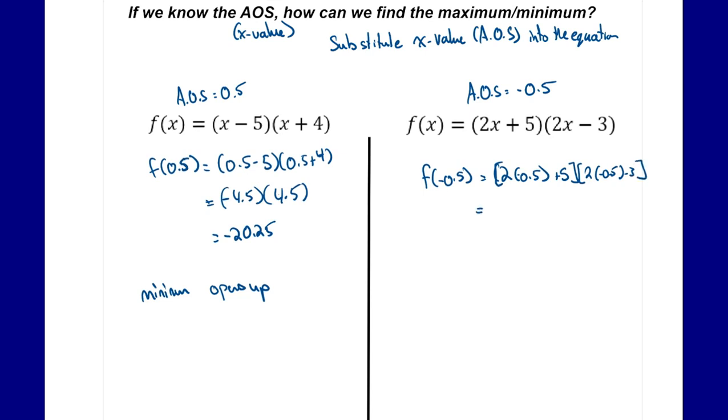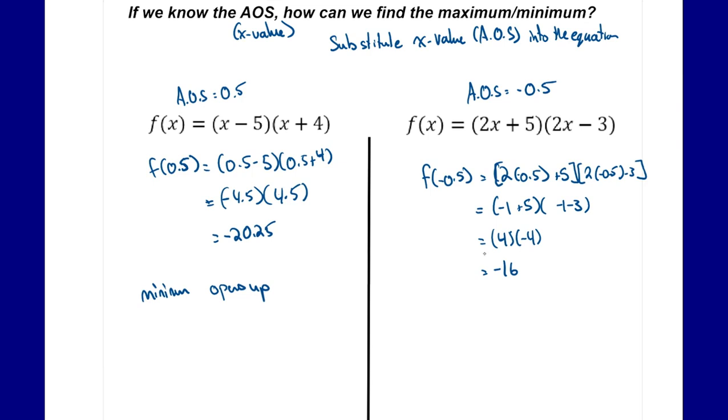I'm going to go through and calculate. We have 4 plus 5 times -1 minus 3... we have +4 times -4, or -16.